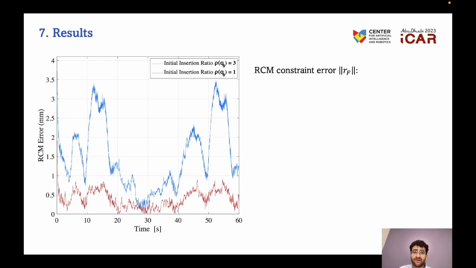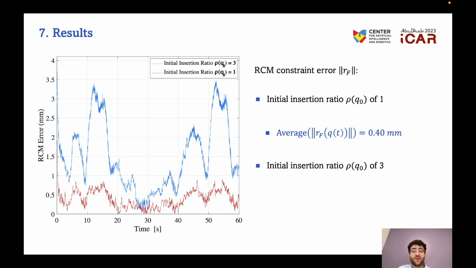Now, as for the RCM error, we measured it using two different initial insertion ratios to prove the points that we raised when we were analyzing the effect of the insertion ratio on the RCM error. So when we had an insertion ratio of 1, we got an average error of 0.4 millimeters, and when we changed the insertion ratio to be 3, we got an error of 1.5 millimeters, which is expected given the analysis that we've done in the previous slides.